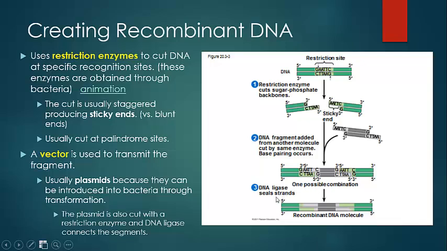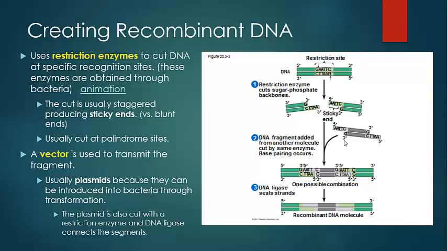Here you can see our end result. This is a recombinant DNA molecule. It's a DNA molecule that contains a foreign piece of DNA. In this case here, the gray gene is the foreign piece of DNA. It could have even been obtained from another species.